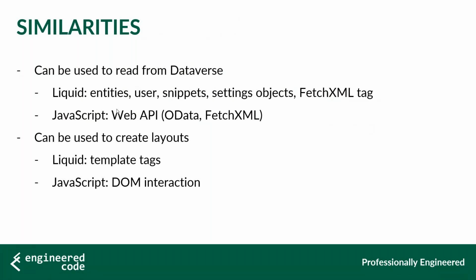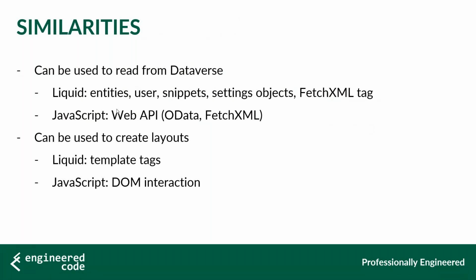So within Liquid, there are a lot of different ways to get access to the data in Dataverse, and you'll see here in our talk today the theme that often we're using these tools to get data from Dataverse, and so Liquid has lots of different ways that we can retrieve our data from Dataverse.